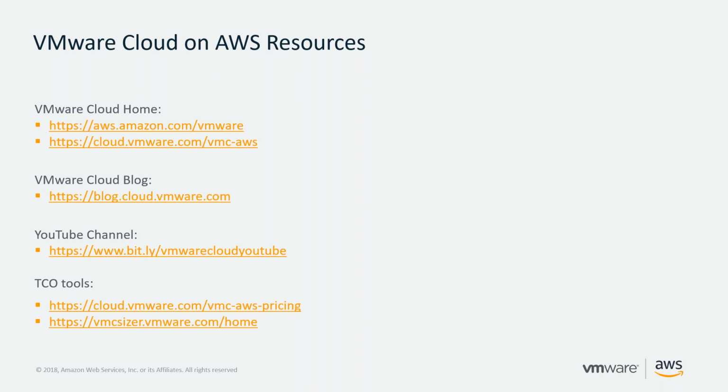Since we initially released VMware Cloud on AWS, we've been doing quarterly updates, and you'll see that we do revisions much faster than you would in an on-prem environment. All of this is bundled together. You never have to worry about your maintenance, your upgrades, your firmware, any of that. That's all taken care of by us, and it's all priced together.